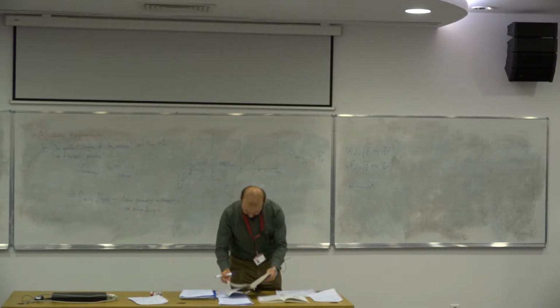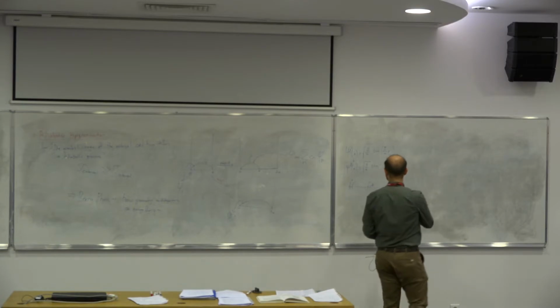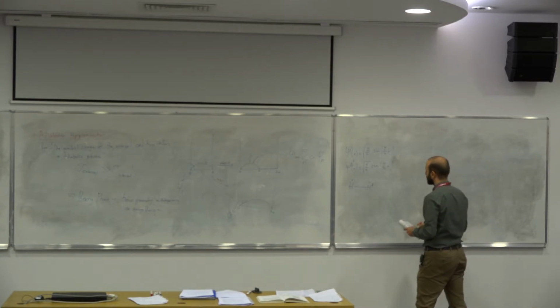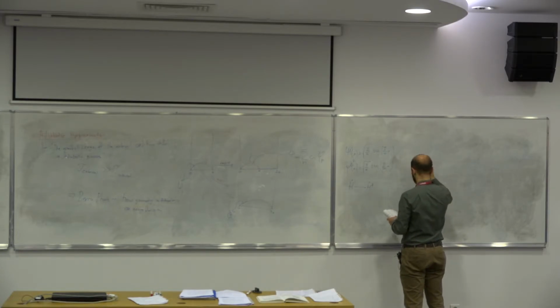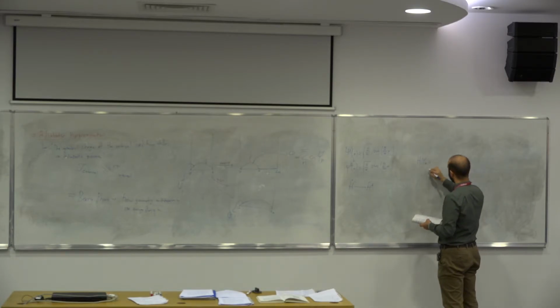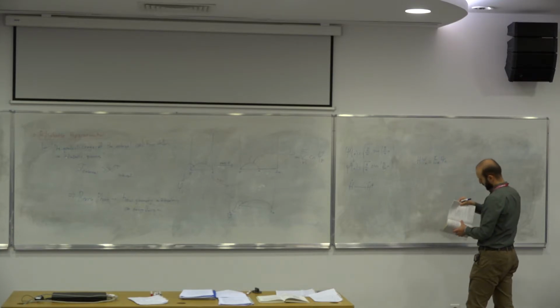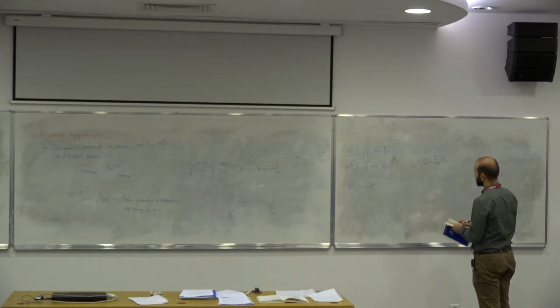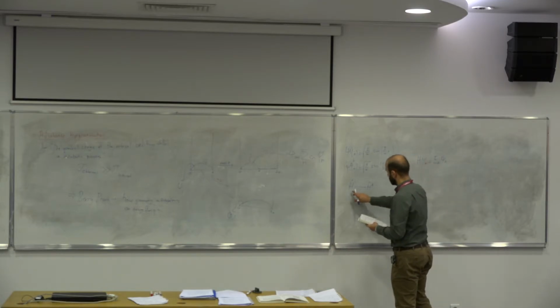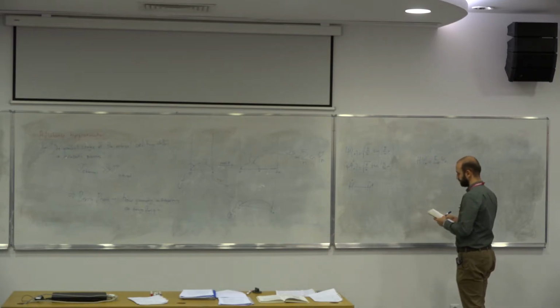Now let's continue with the proof of the adiabatic approximation. So I have my Hamiltonian acting on a state of the system with such energy, okay? And what I want to do is go from here to here.